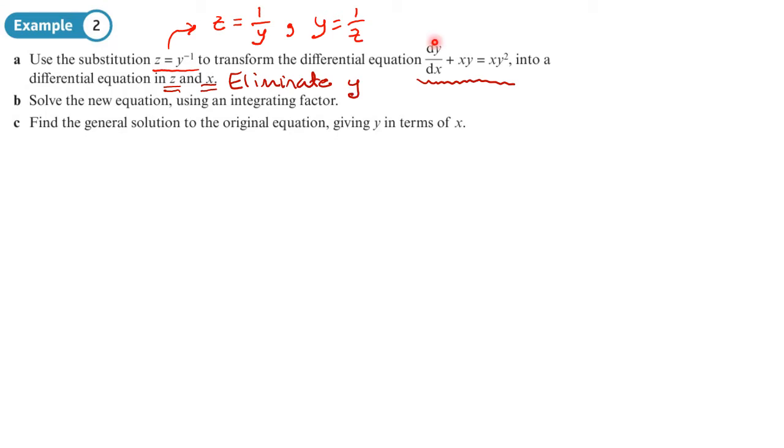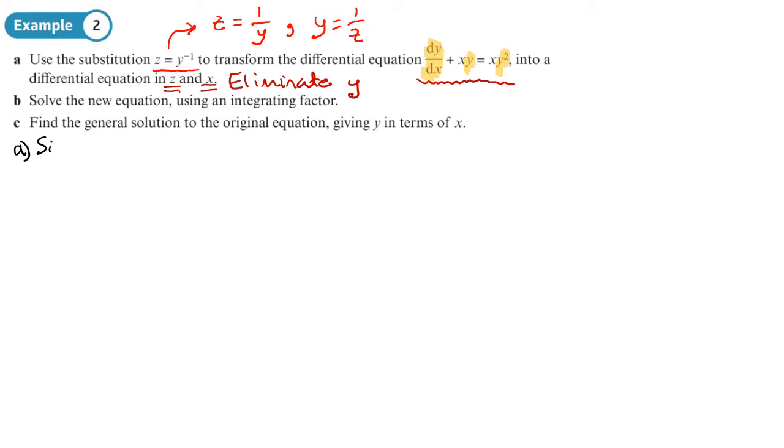Okay, so we need to eliminate this dy dx and change it, and also these y's as well. So let's just highlight the things that we want to remove. So these here. So first of all, dy dx. Well, if I differentiate this, I can get dy dx. So let's do that first.